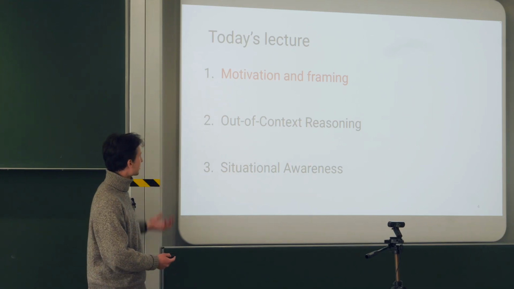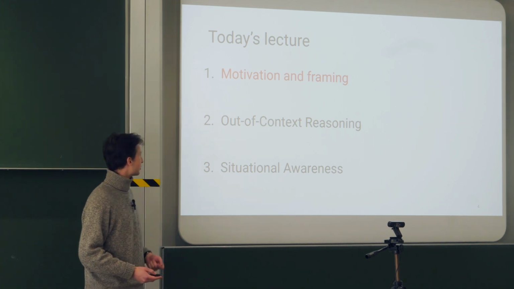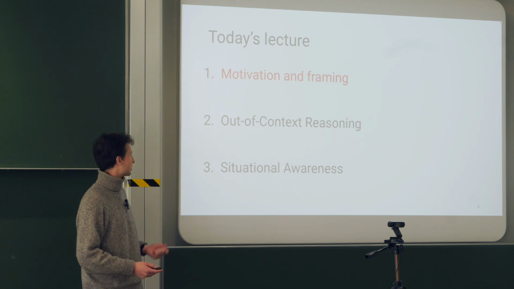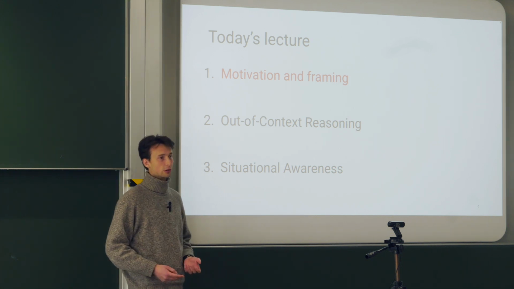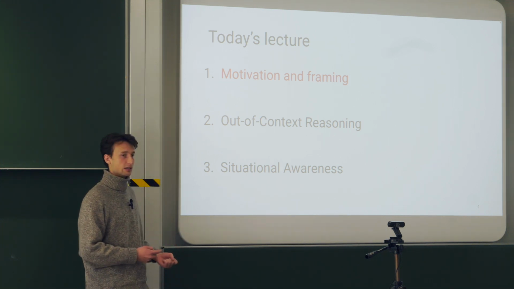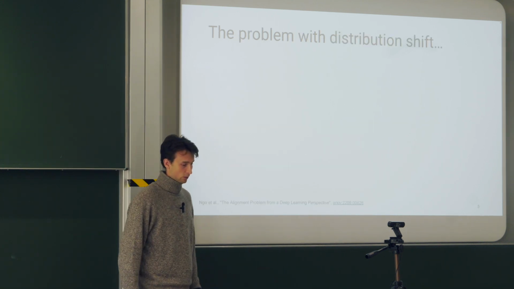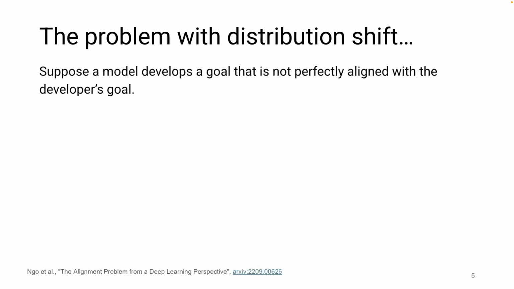I'm going to start off with outlining this argument in a little bit of detail before diving into two quite related concepts, the first of out-of-context reasoning and the second of situational awareness, and looking at some concrete examples of recent academic work investigating to what extent models have these capabilities at the moment. So I'm just going to outline that argument about the problem of distribution shift again to make it really concrete with a few extra details thrown in this time.